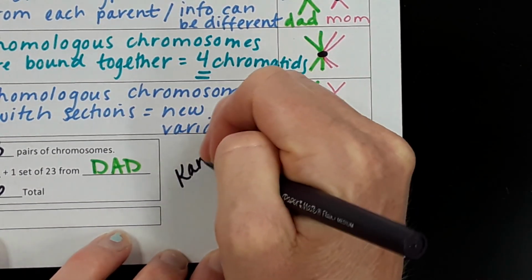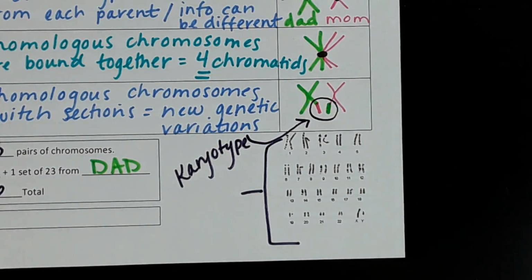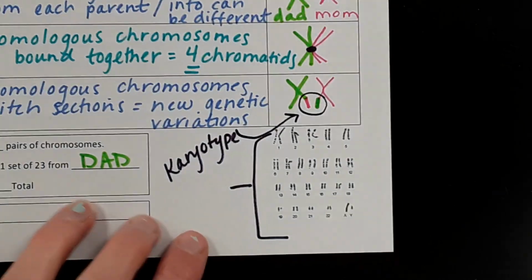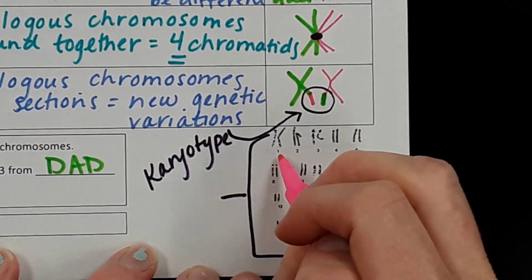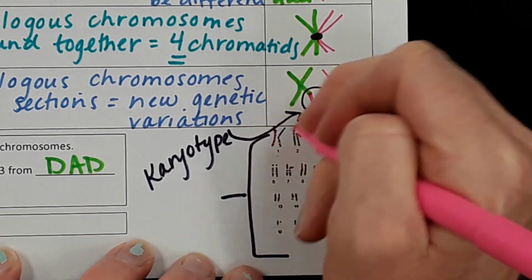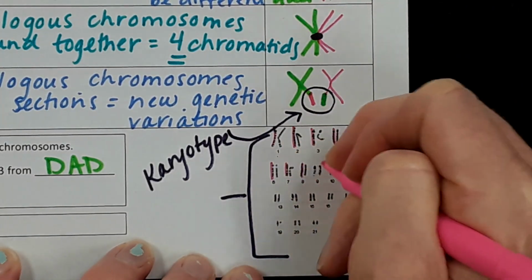Okay, so this is a karyotype. And we're able to diagnose genetic conditions sometimes through these. What they do is they take a picture of the chromosomes during mitosis when they're all condensed. And we can see the pairs. There's pair number 1, 2, 3, 4, 5, all the way through 23. And you can see there's one that was inherited from mom.